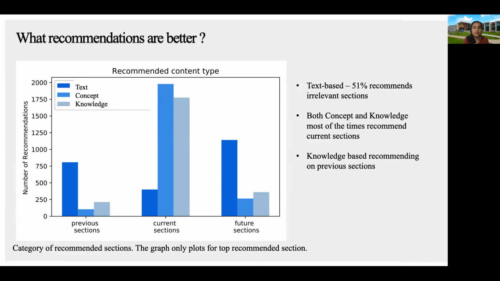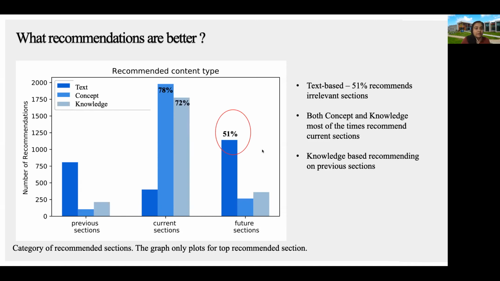Previous sections are the sections which are either prerequisite sections or are already mastered by the student. And future sections are the sections which are advanced or irrelevant. Now, we plotted the number of recommendations in each section by different algorithms: text, concept, and knowledge-based algorithms.